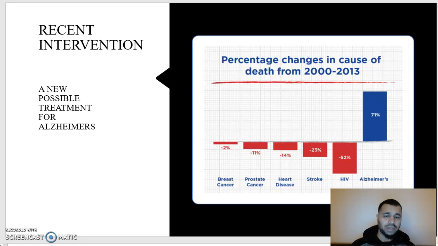It beats breast cancer, prostate cancer, heart disease, stroke, HIV. You see here on the graph that it's up by 71% from the year 2000 to 2013. So what is Alzheimer's? Alzheimer's is basically a form of dementia. It's a progressive brain disease that slowly destroys our memories and our thinking skills.